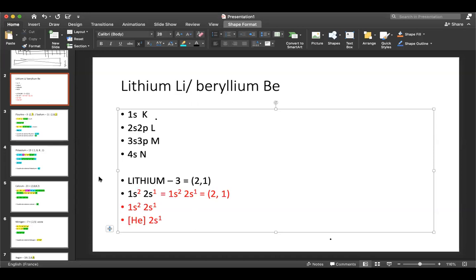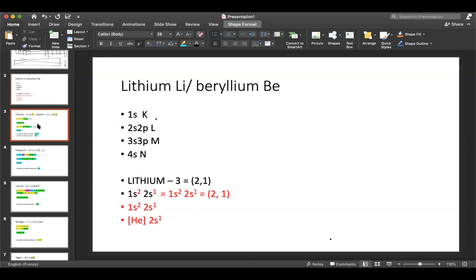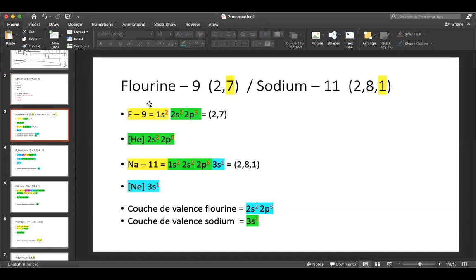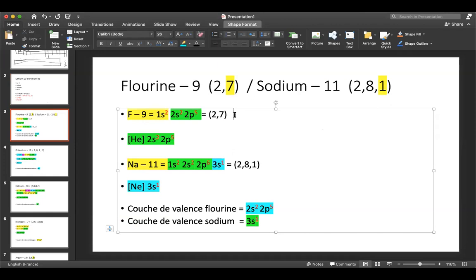Before I allow a question, I will add another example. We also looked at examples like fluorine and sodium. Fluorine has an atomic number of 9, and the electron configuration you guys learned from Zambia was 2,7. Like I said, the strategy will always be 1s, 2s, 2p.